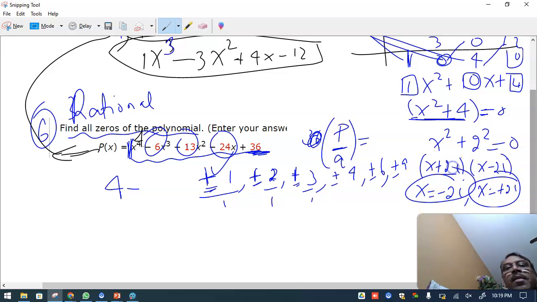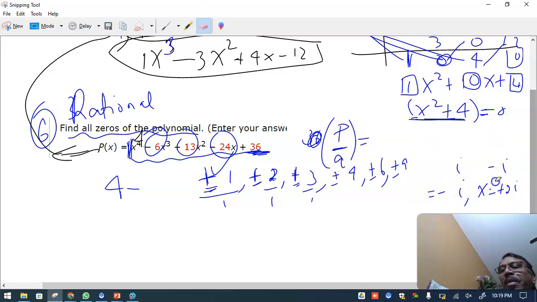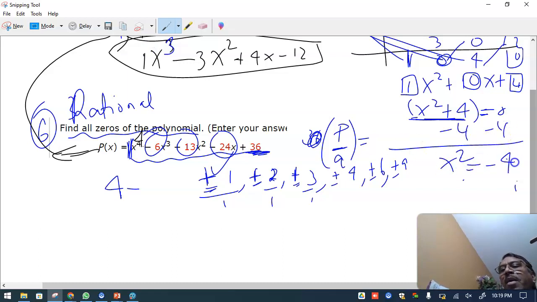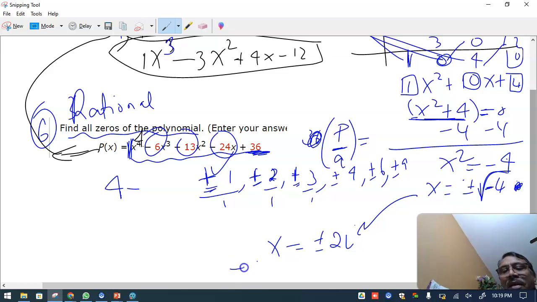But if you get confused, you just solve for x. Subtract 4 from both sides, and x squared is negative 4. Then x equals plus or minus the square root of negative 4, which is plus or minus 2i. So you have two answers, minus 2i and plus 2i.